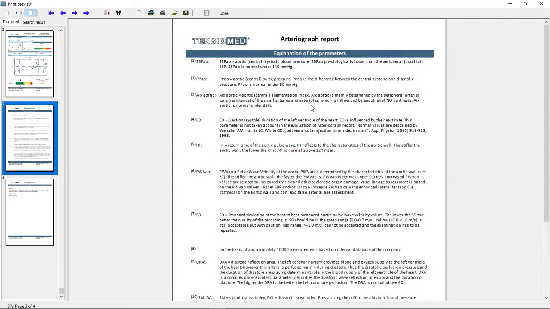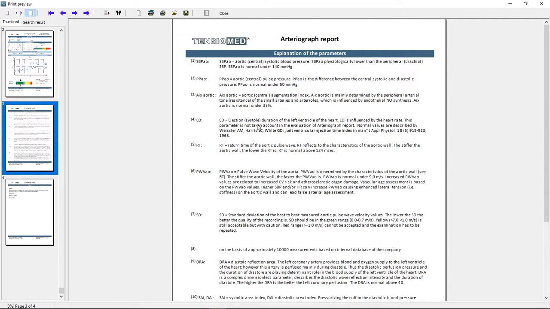The aortic augmentation index turned out to be normal under 33% in our scientific data, mentioned before, such as the longitudinal study with hard cardiac outcomes.